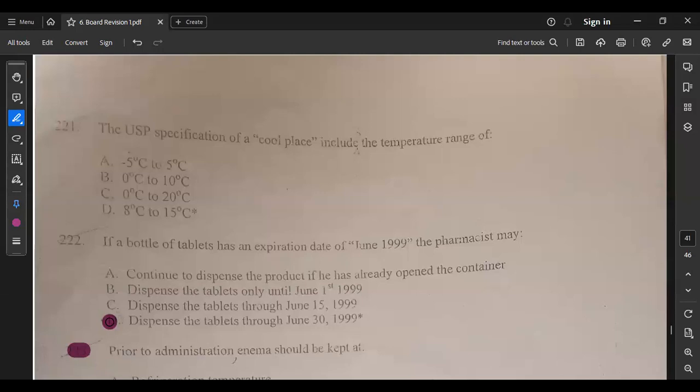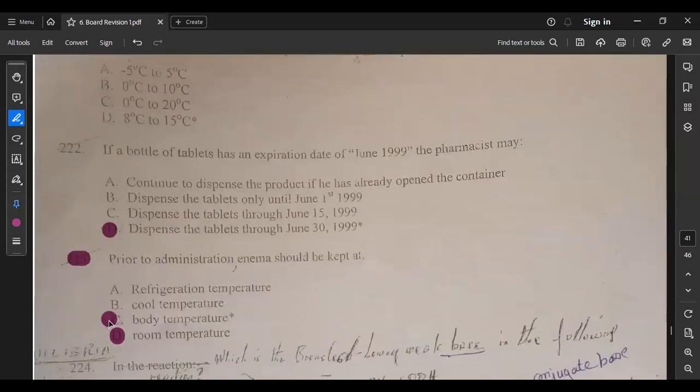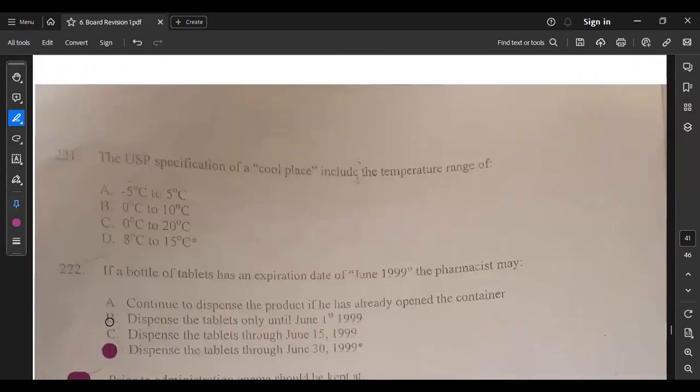Please repeat explaining the previous question, 222. I was told that after the expiration date, you can use the medicine up to 3 months, except for tetracyclines. Yes, but if you give the patient an expired drug, he won't understand.